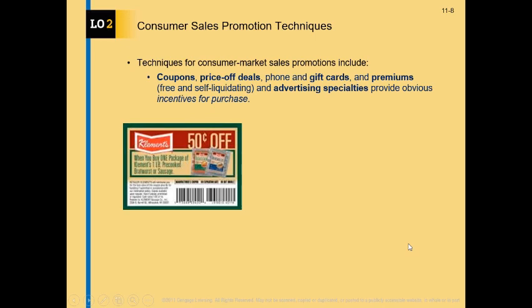So let's look at those techniques that are most commonly utilized. You know them. These are coupons, price off deals, gift cards, premiums, which is giving you more product. The premiums is not giving you a discount, but it's more about giving you an extra something.